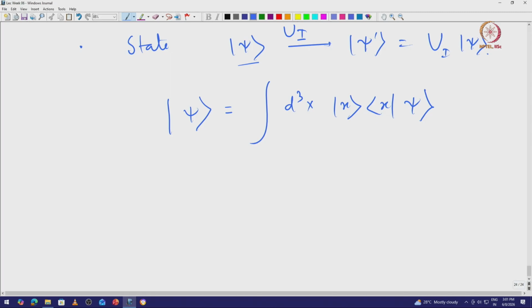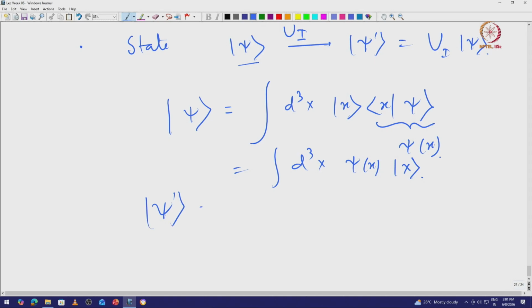So this is by definition psi of x. So then psi prime is equal to P times psi, or inversion I, or U_I.